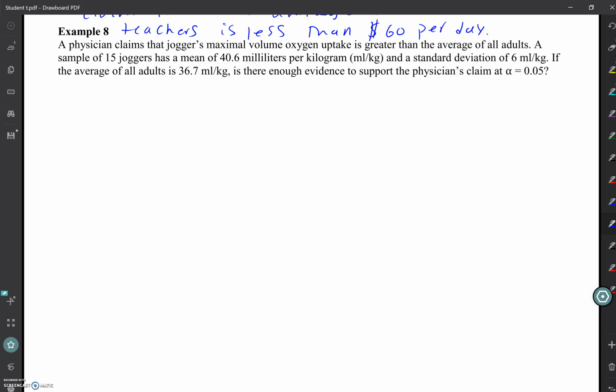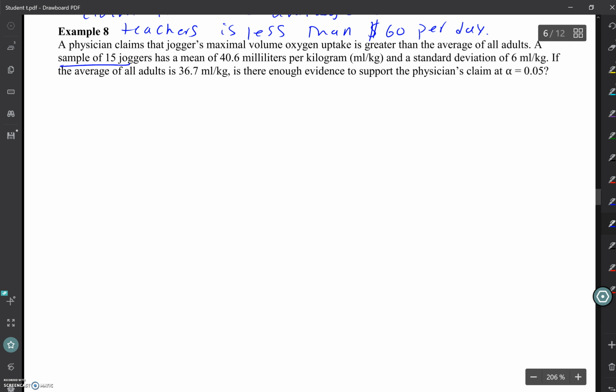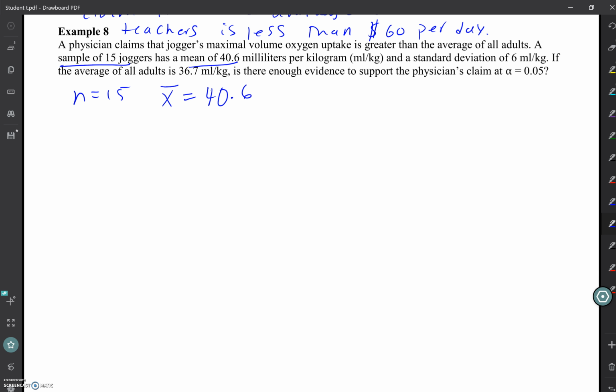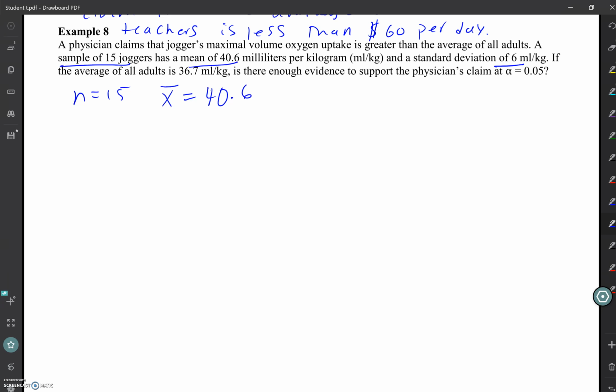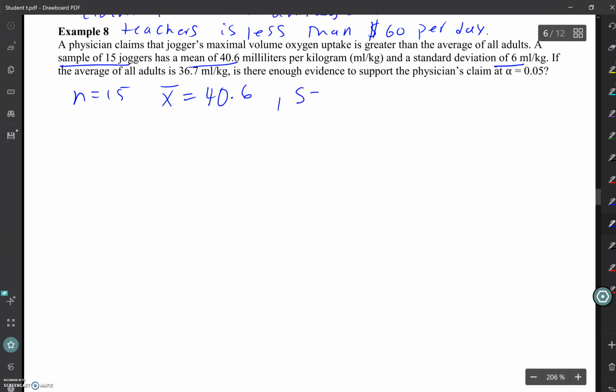All right, so notice they started telling me about a sample, which tells me n is 15. They continued that sentence and told me about a mean, which means that is my x bar. They also continued that sentence and did not end it until they told me about a standard deviation. So that information is all in the sentence with my sample, which makes that S instead of sigma.